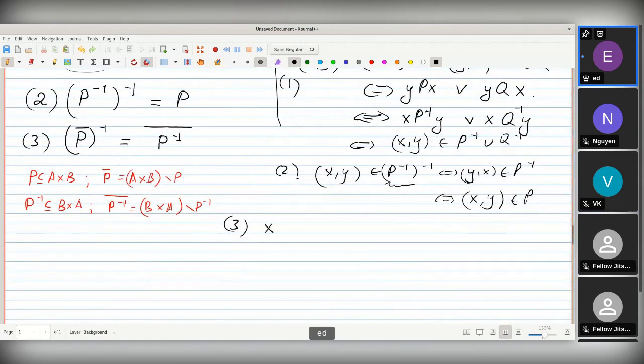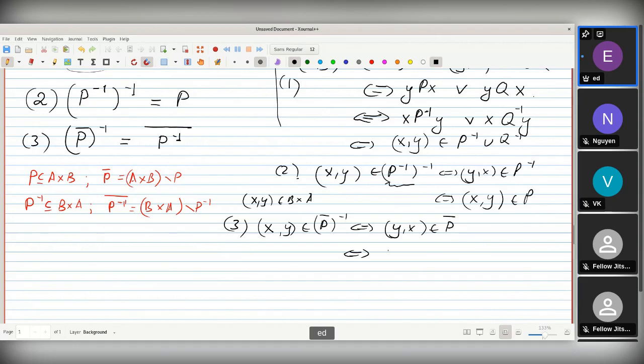Assume that xy is a pair from B times A, of course, because we are speaking about the complements. Assume that xy belongs to this set. When is it the case? If and only if yx belongs to the complement.